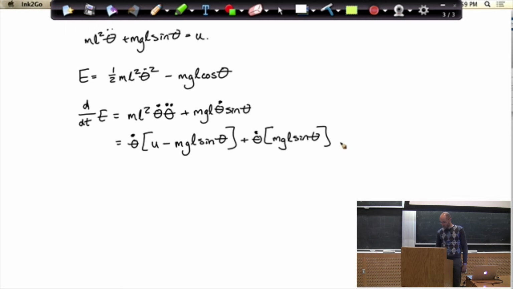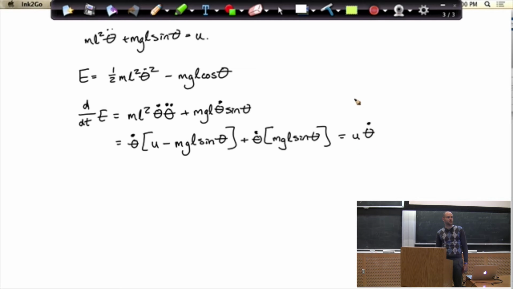And that conveniently simplifies very nicely to just being u theta dot. Okay? So we just got that from the algebra, and we'll get that from the algebra for different systems that aren't as mechanically simple. We'll get something slightly more complicated here.